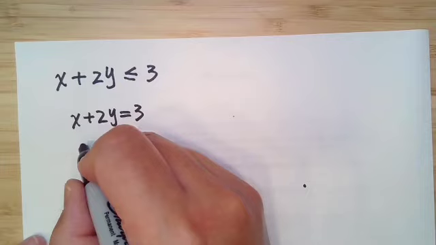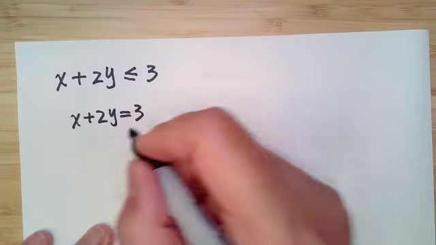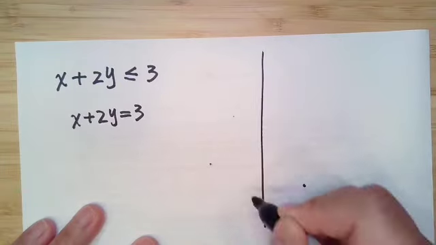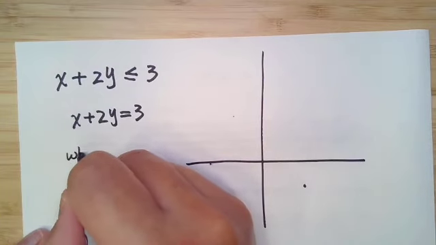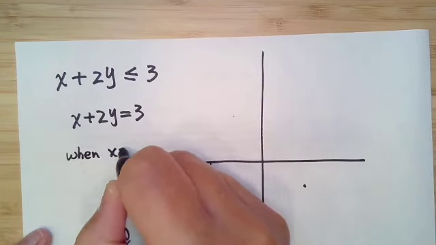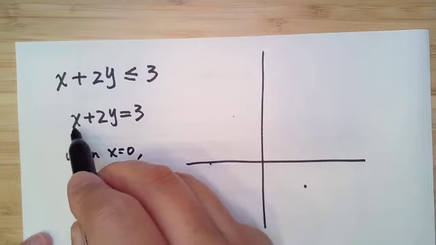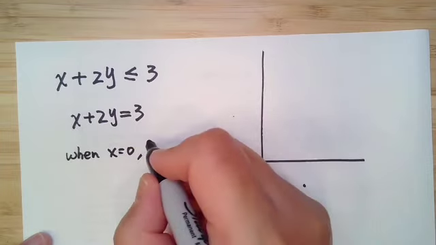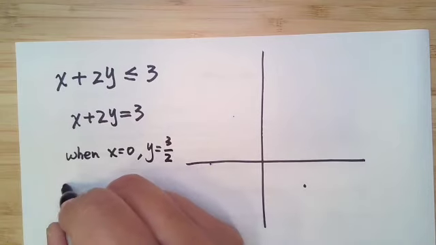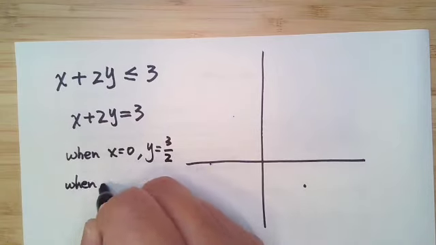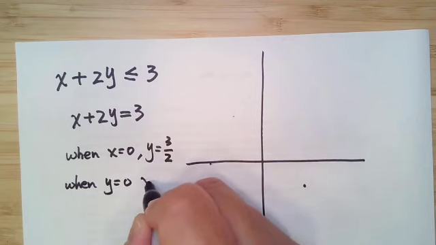I write how to graph that. Pick 2 points. So I choose when x equals 0, y is 3 over 2, and then when y equals 0, x equals 3. So I have 2 points.